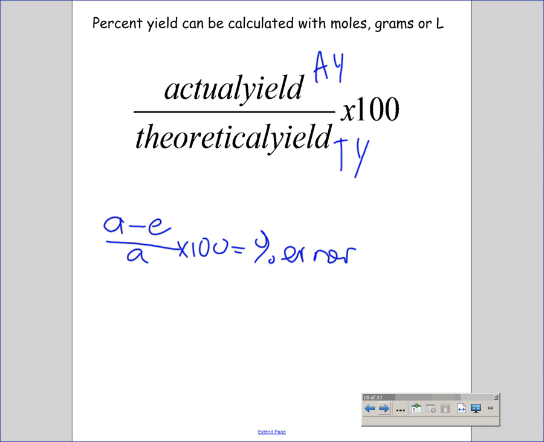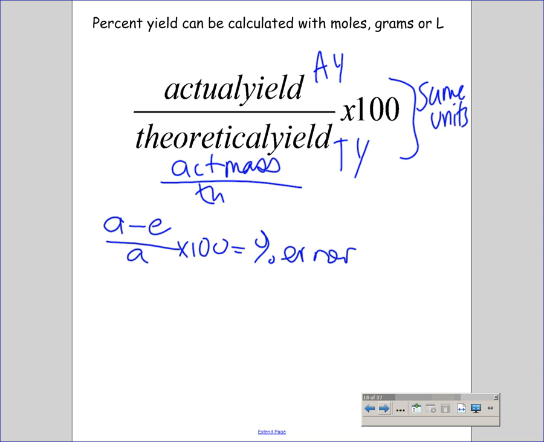I know I'm trying not to mess with your brains too much, but they look kind of similar. As long as these are in the same units, you'll be okay in terms of calculating. There is no unit left on percent yield though. So you'll have actual mass over theoretical mass, using grams, and then times 100 you'll get your percent yield.